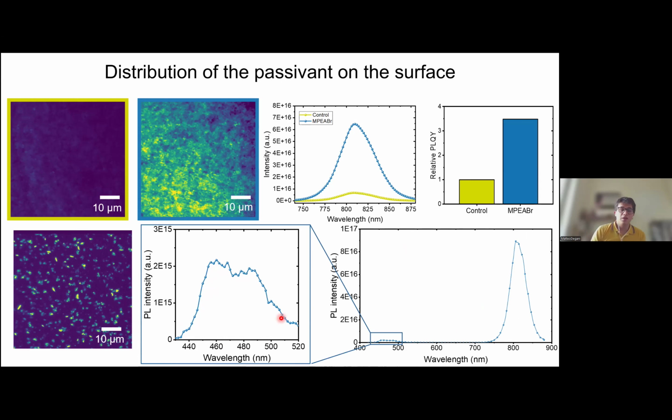And these can be ascribed to the bromide-rich phase and the iodide-rich phase, since I think we are forming a pure 2D perovskite, mixed halide. So basically we are forming one 2D perovskite bromide-rich and another one iodide-rich.